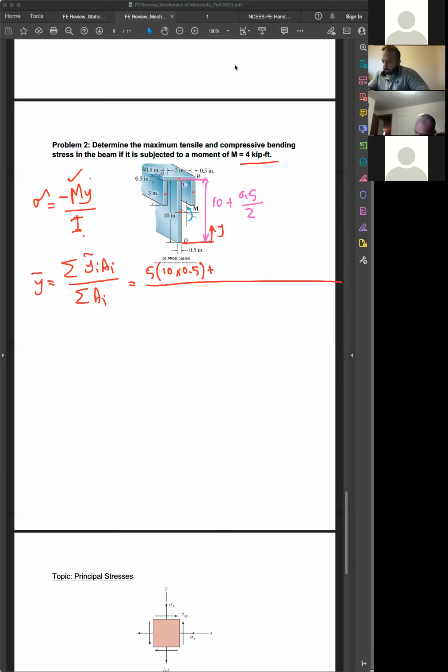Which would be 10.25. So I can say plus 10.25. Then what is the area of that? It would be 3 plus half and half, which is 4, times the height, which is half.